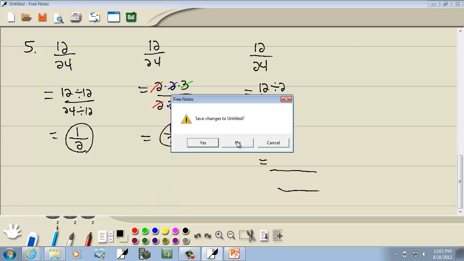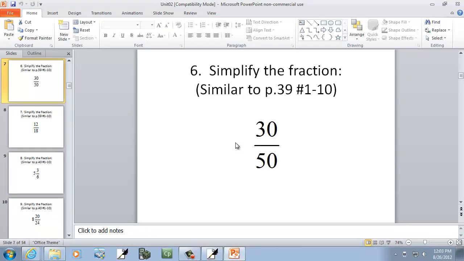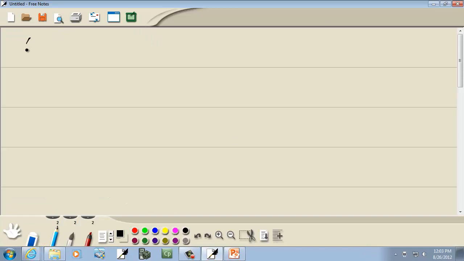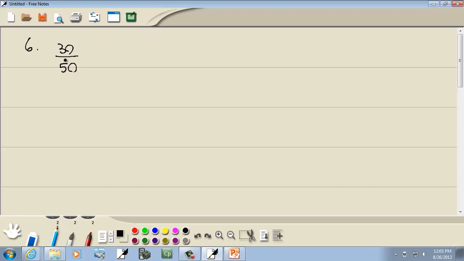Okay, let's look at another one. 30 over 50. Now I'm showing this one because this is a real easy one, and I want to point out the trick for it. Now the top and bottom are both divisible by 10.